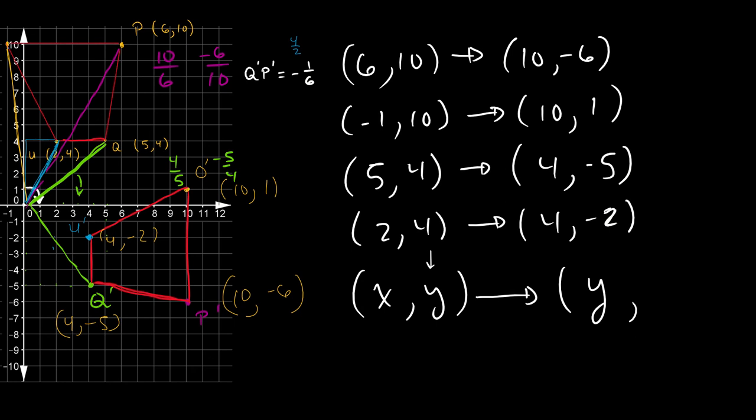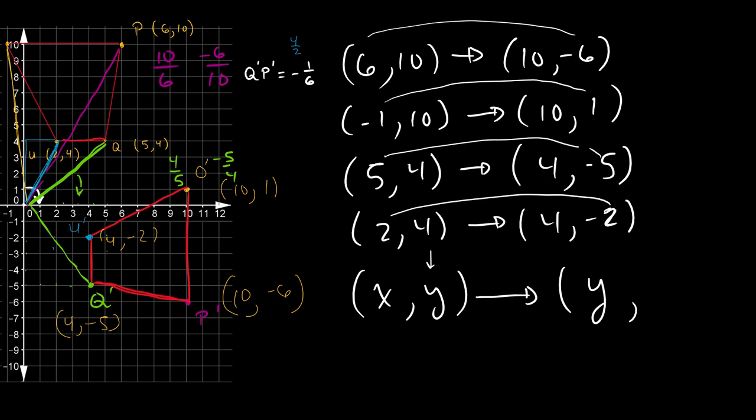And it looks like I'm taking what X is, and the opposite of that. You can see what X was, 6, it became the opposite of that, right? X was -1, the opposite of that. It was 5, the opposite of that. It was 2, the opposite of that. So what was X, the opposite of that becomes Y.